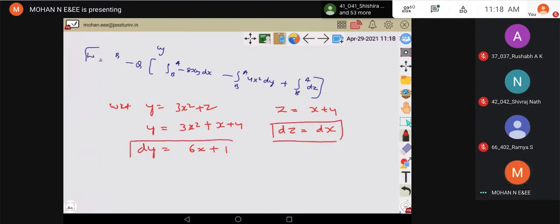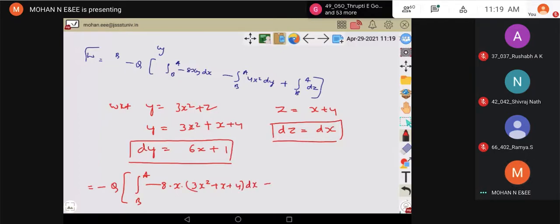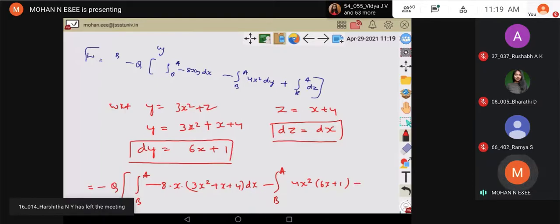Just substitute in the above expression: Q into the integral from B to A of minus 8 into x into, replacing y by the expression, 3x square plus x plus 4, into dx, minus the integral from B to A of 4x square dy, where dy we know is 6x plus 1, plus the integral from B to A of dz.